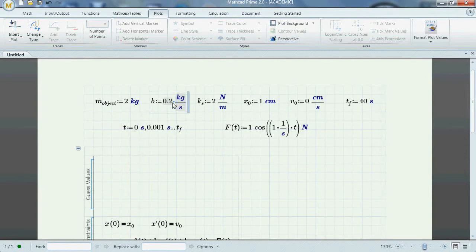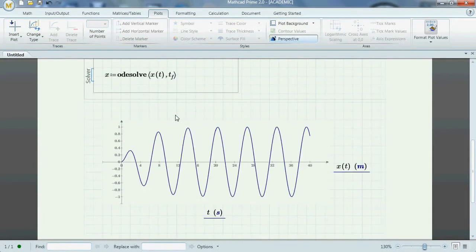Let's crank it up. Let's put this to 1. Well, that's pretty good. We've seen that now it's becoming a little more stable. Now the amplitude has increased. We had started it out at 1 centimeter, and now we're to 1 meter. But that 1 meter looks pretty solid. Doesn't look like it's growing much more.